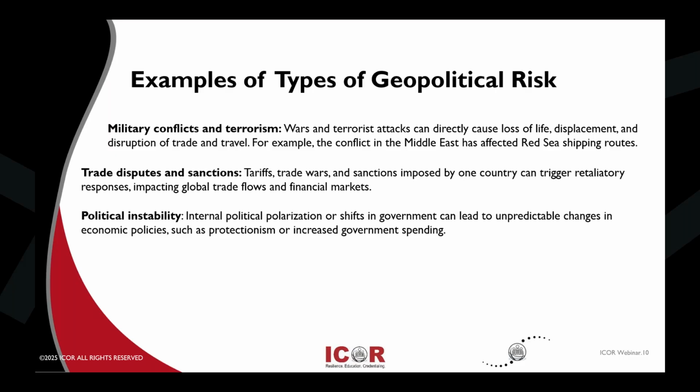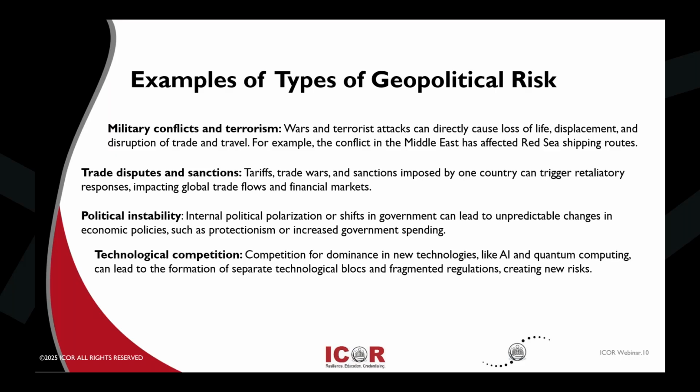Changes in government can also lead to unpredictable changes in economic policies. And what we're seeing is a move towards this idea of protectionism, and an increased government spending depending on what areas you're talking about. The idea of geopolitical risk impacting technological competition is not new, especially with the new technologies like AI.